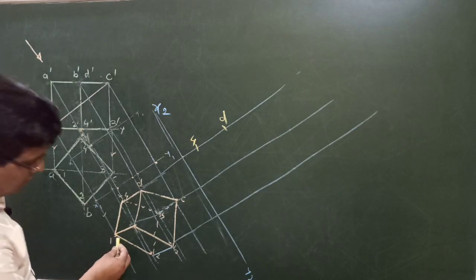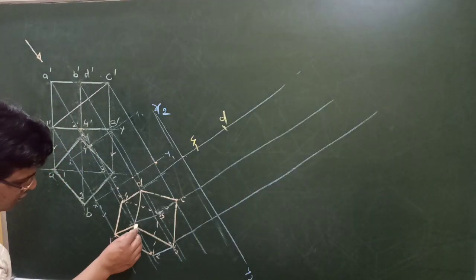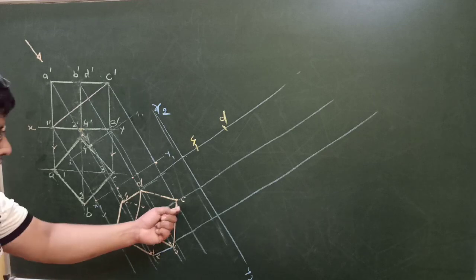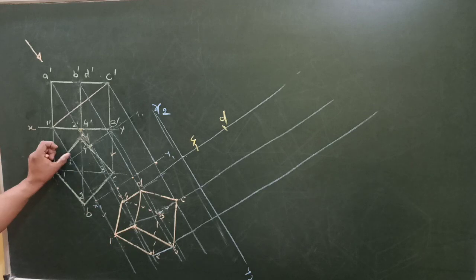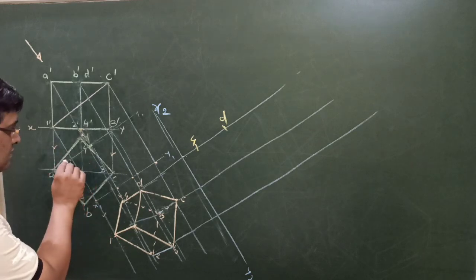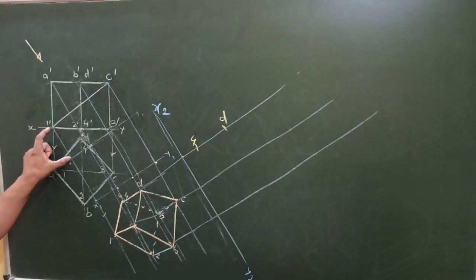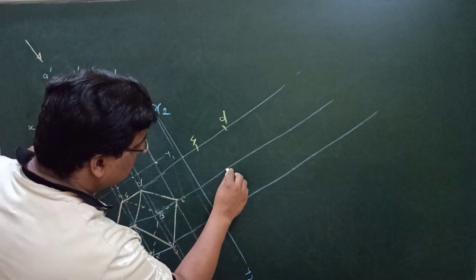Right? On this middle line, we have 4 points: 1, 2, 3 and 4. We have to take all these 4 points from here. So for 1, you have to take the distance from this XY line, x1 y1. This is, let me darken it. So from x1 y1 to this distance and cut on it.